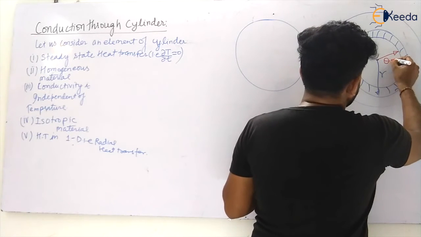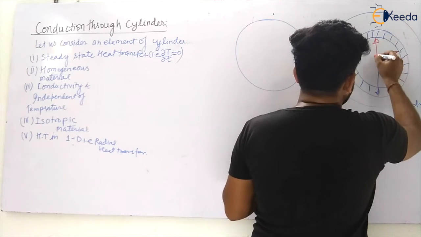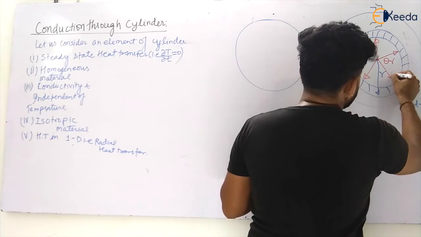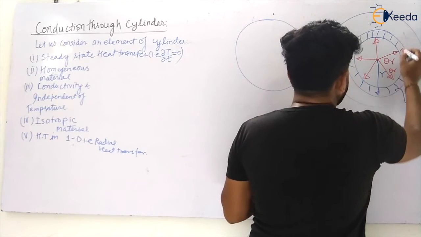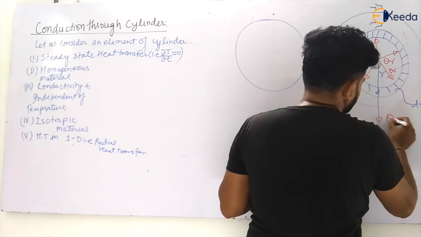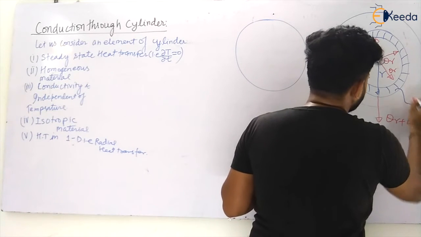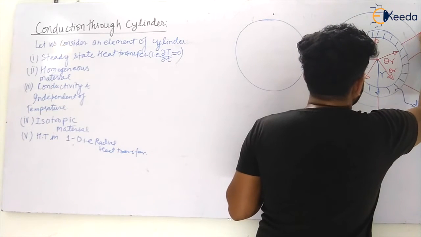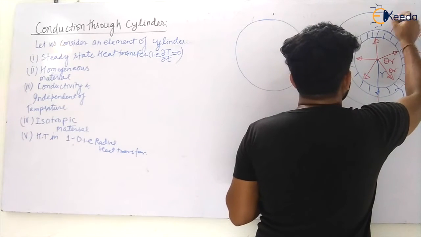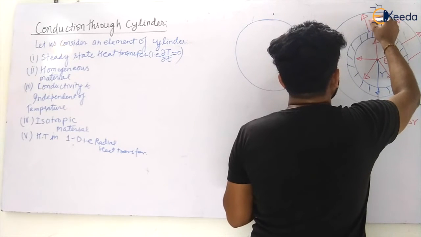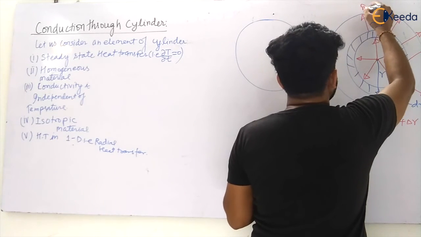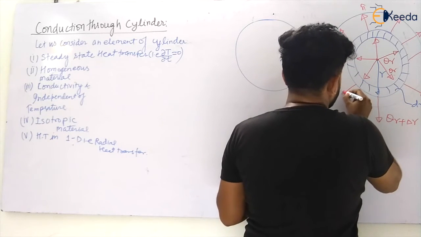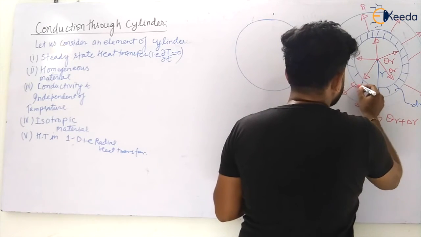From inside, this is QR in all directions. And outside this will be QR plus delta R. The heat transfer vector will be normal to this surface.